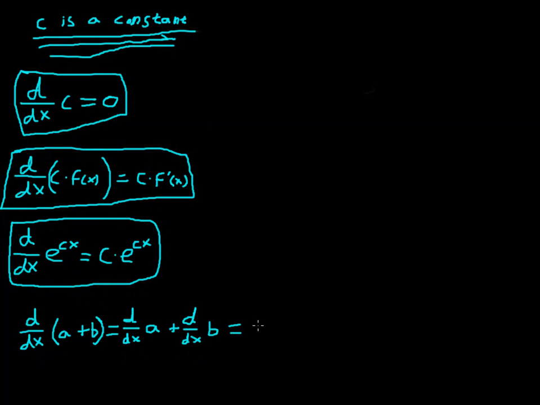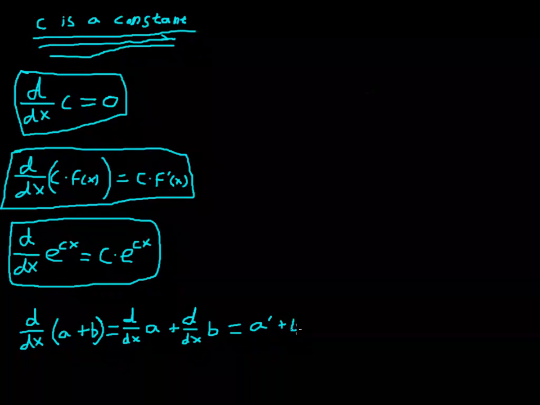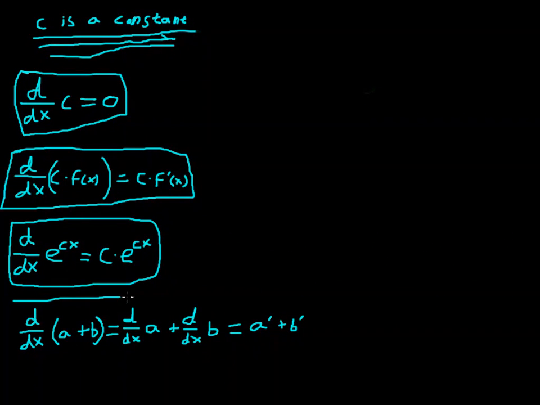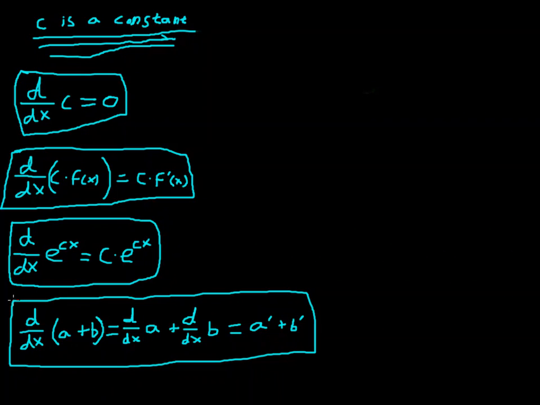And you could also write that as a prime plus b prime. This is called the derivative being linear. It sort of distributes here. So the derivative of a sum is equal to the sum of the derivatives.